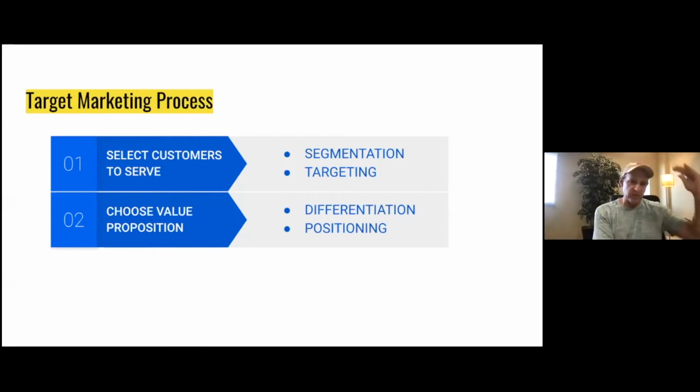So let's go through these steps. I'm going to talk about them a little bit, and then we're going to focus today on the first one. We'll leave targeting, differentiation, positioning for future discussions. But let's focus on the first step of the target marketing process today.